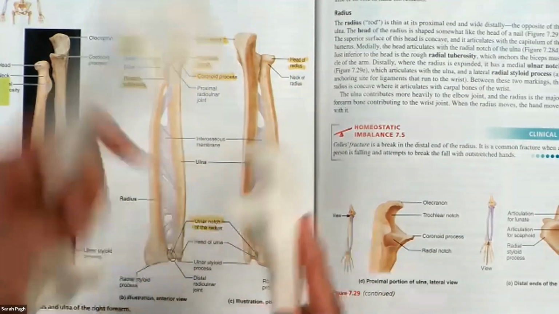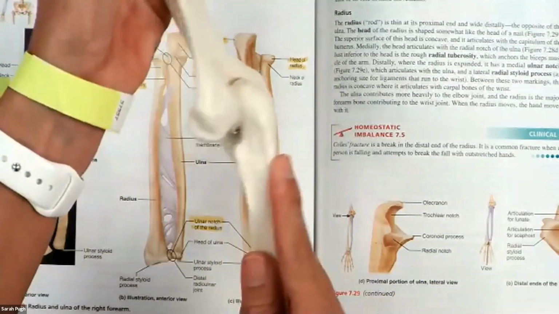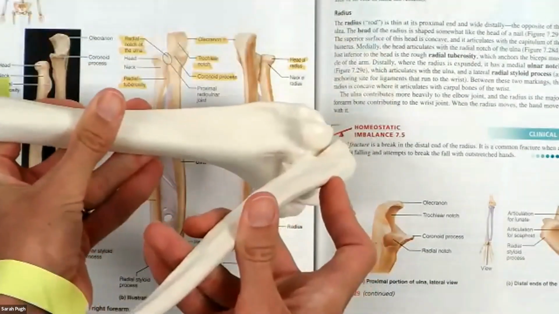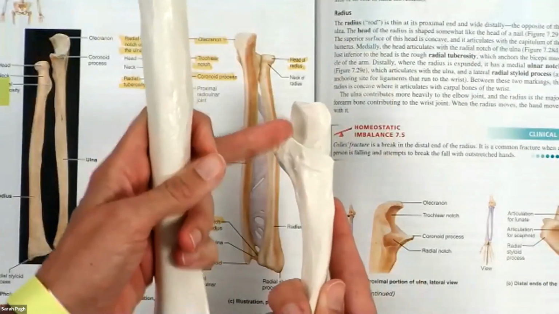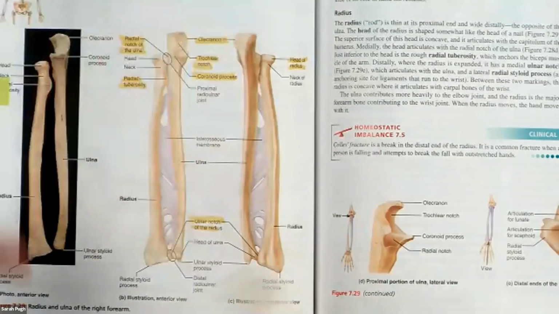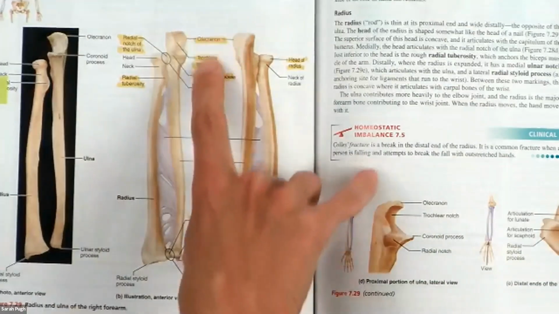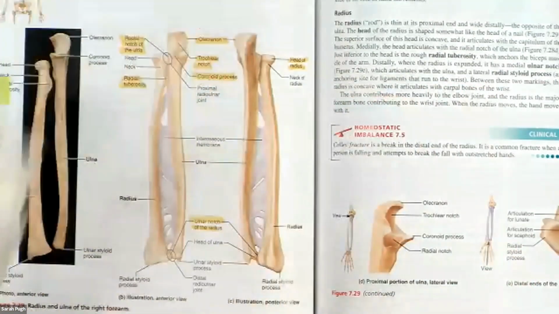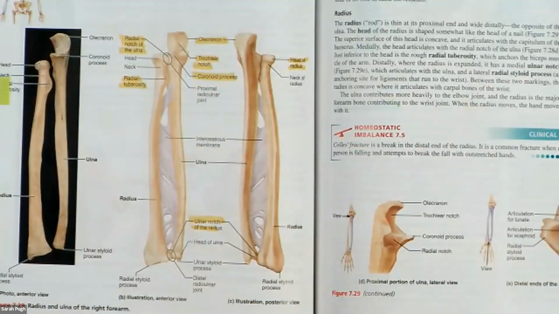As you bend that elbow, you can see that the coronoid process here connects into that coronoid fossa. Okay? So those are all named for the markings on the humerus. They're named after each other. So it makes it a little bit easier.